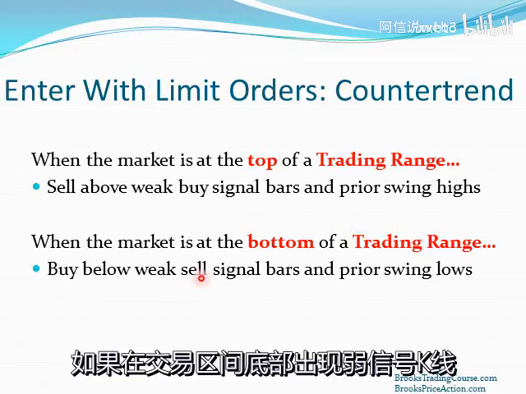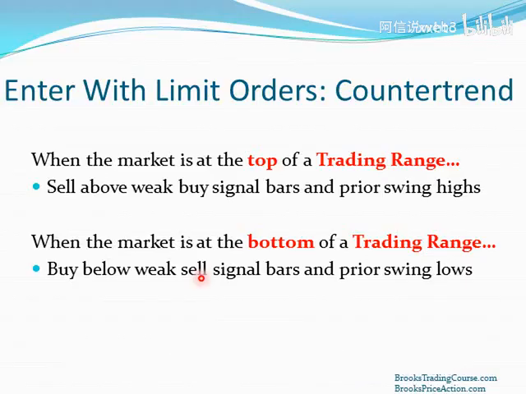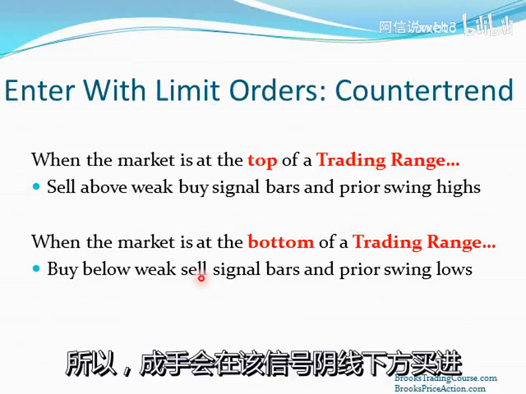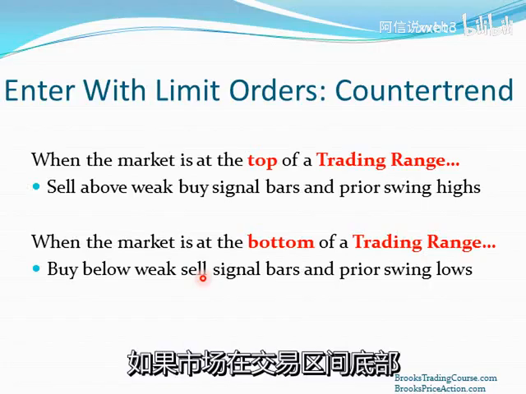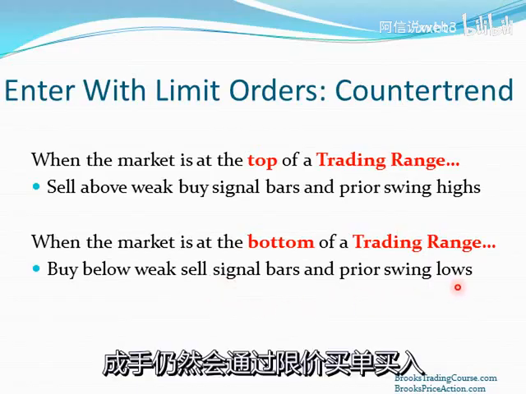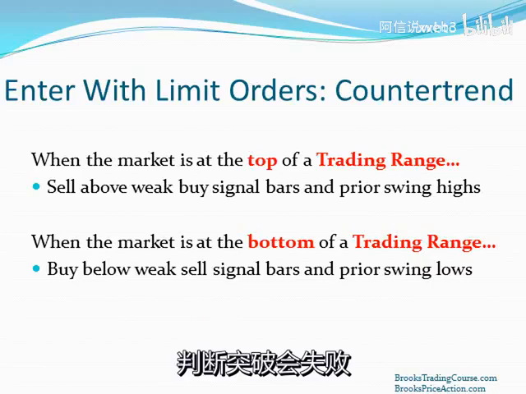If it's a weak sell signal at the bottom of a trading range, it probably will fail, and the market will probably turn up. So experienced traders will buy below that bear signal bar, betting that the market will reverse. If the market is falling below a prior low at the bottom of a trading range, traders will also buy on a limit order there at that prior low, betting that the breakout will fail.